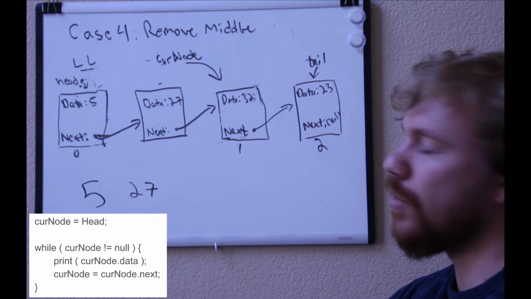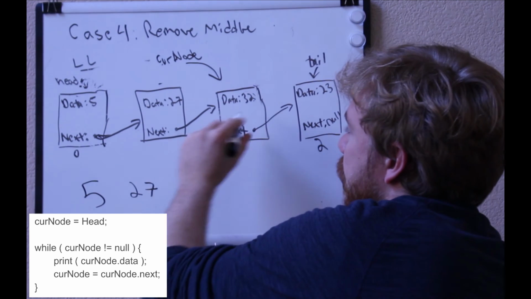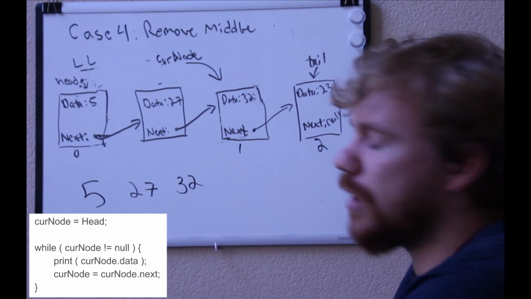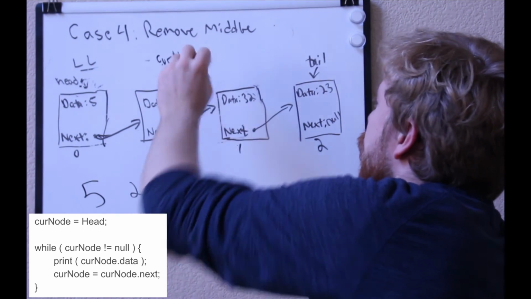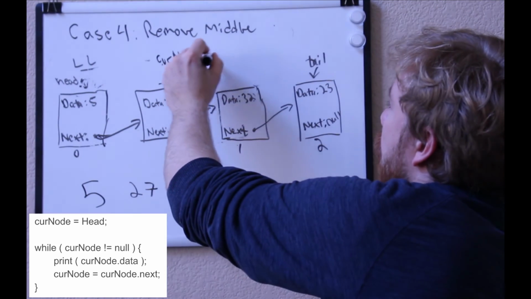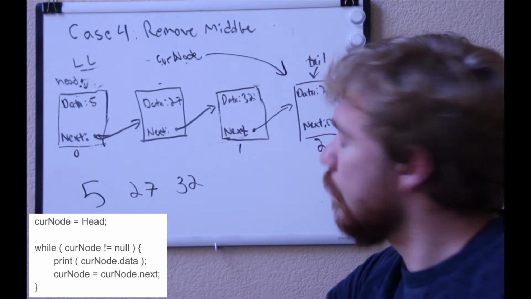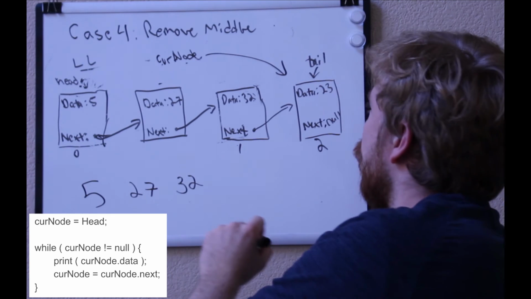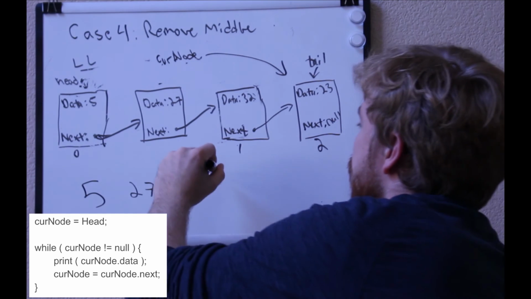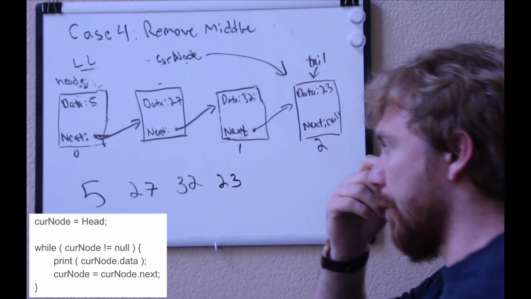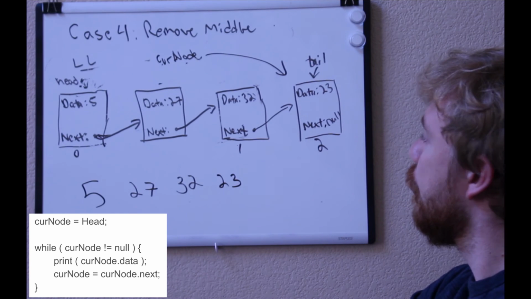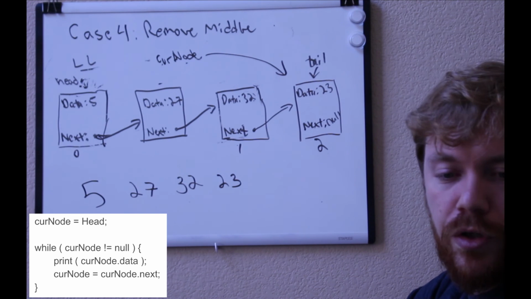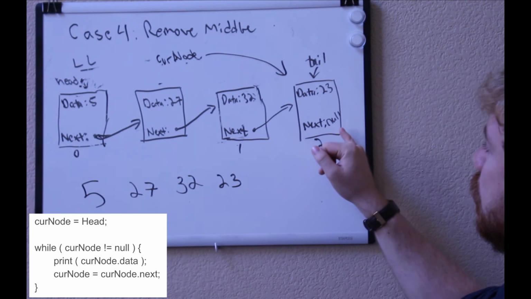Once again, current node is not null. We'll print current node's data, which is now 32. And then once again, change its reference to go on to the next node, which also happens to be the tail node. Once again, current node is not null. We print its data, which is 23. And then we adjust current node to be equal to current node's next. Well, current node's next is null.